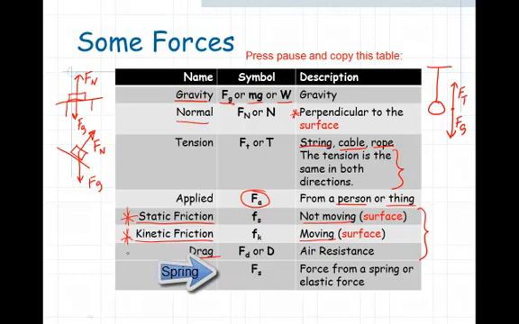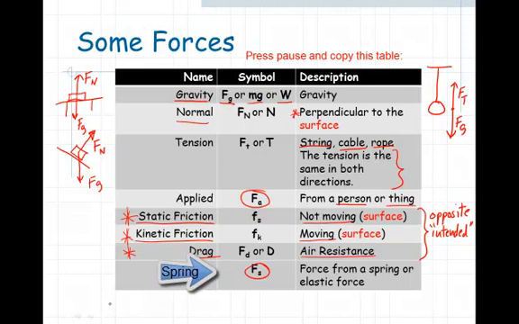And drag is a frictional force that represents air resistance. All of these forces are always opposite what we call intended motion. And finally, the spring force is a force from a spring or any elastic force.